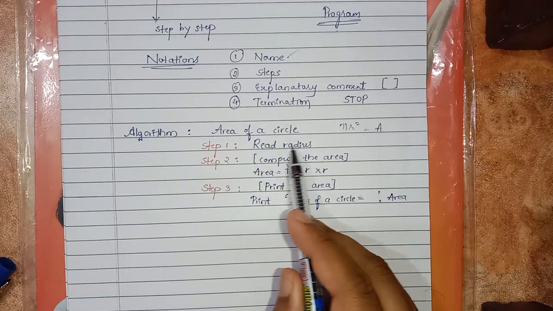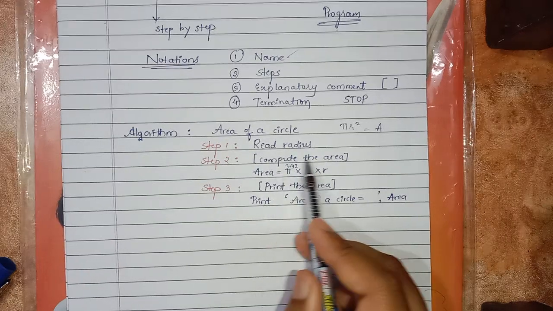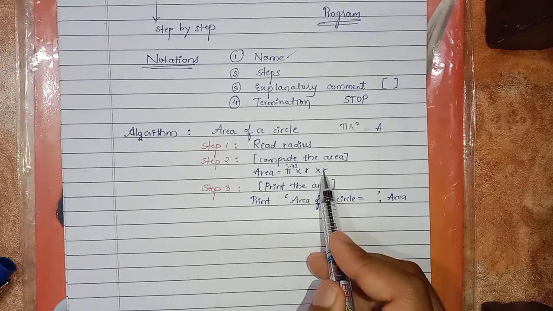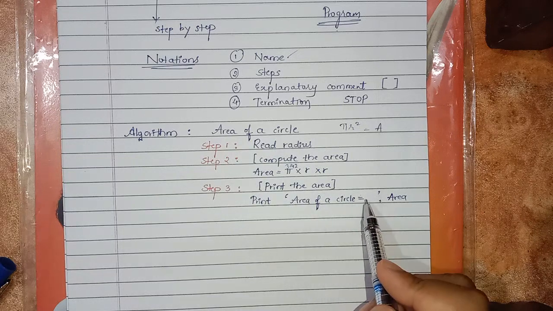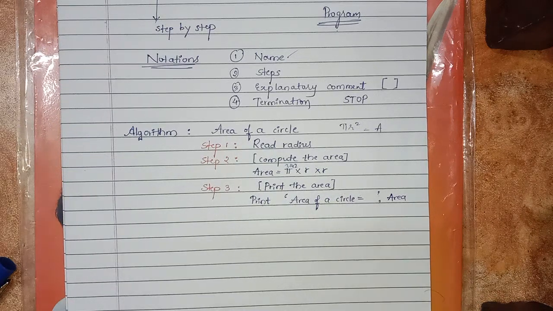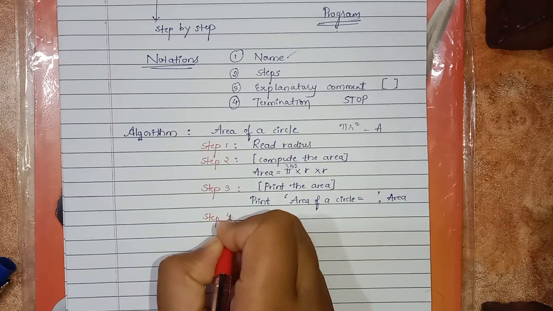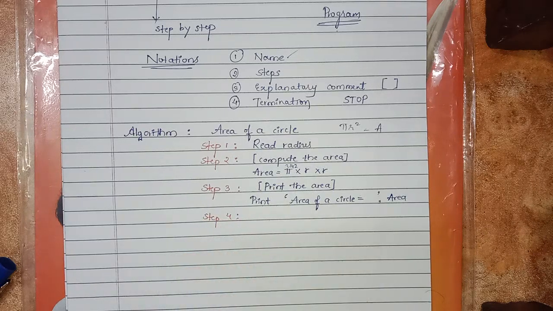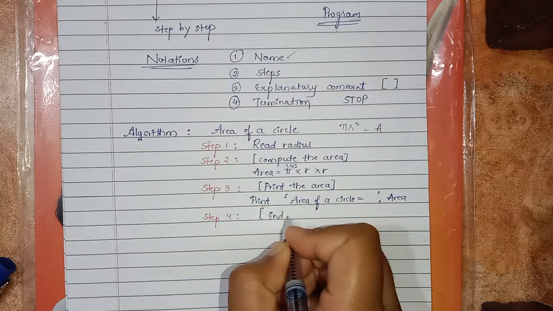Step 1 is also an instruction you gave to the computer. Step 2 also an instruction you gave and you wrote it. And step 3 is also an instruction and you wrote it here. And at the end, how do we write the end? What is the fourth step? Termination. So end of the program.